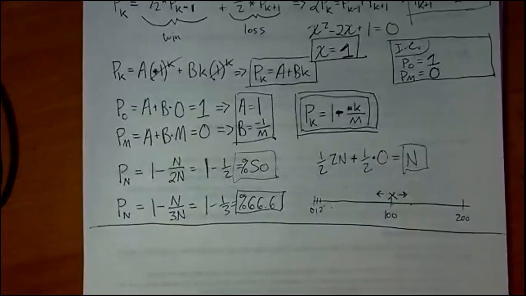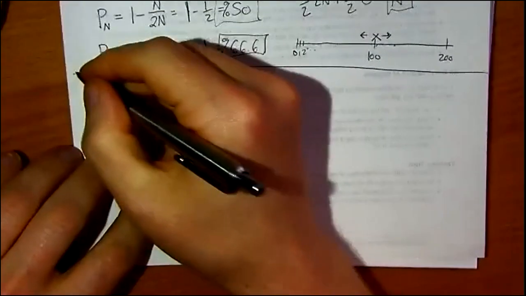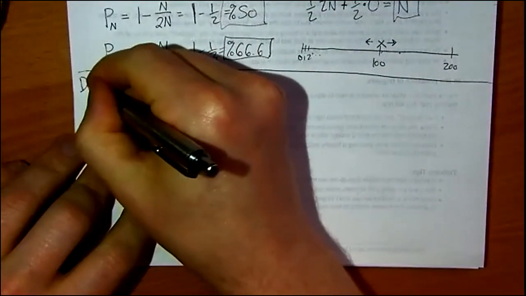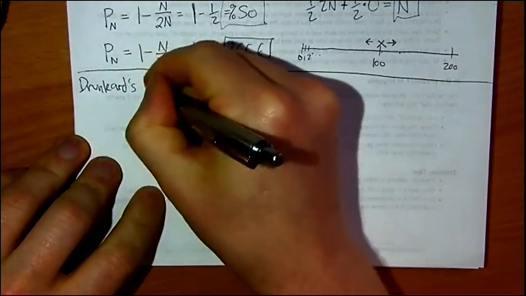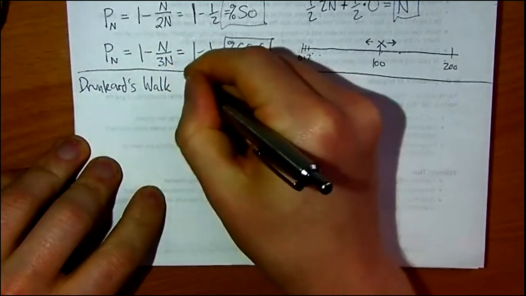There's a technical term in math for this. It's called the drunkard's walk, or random walk.